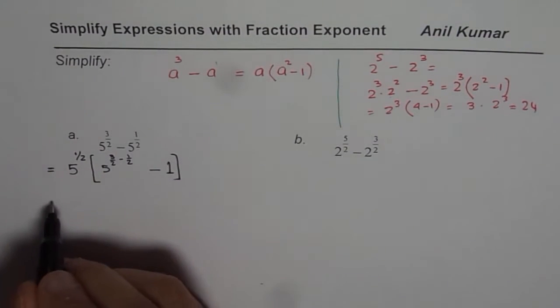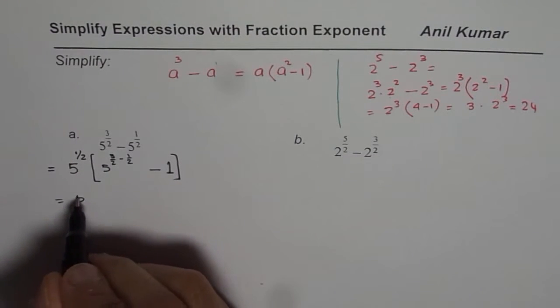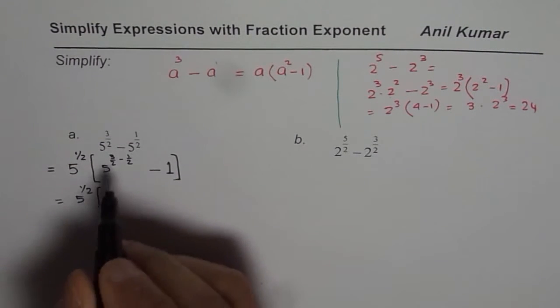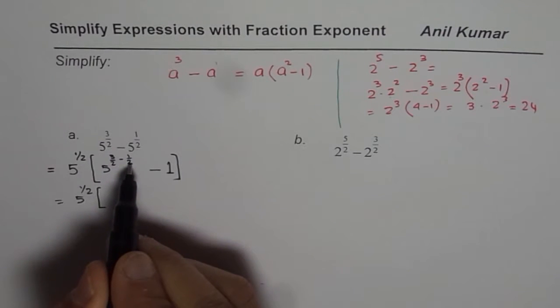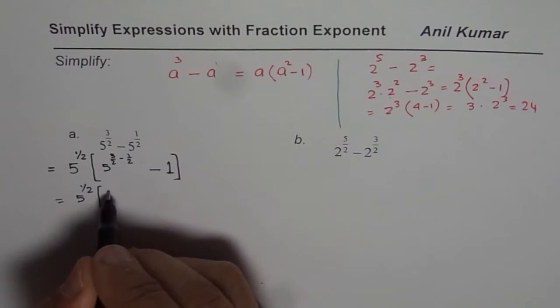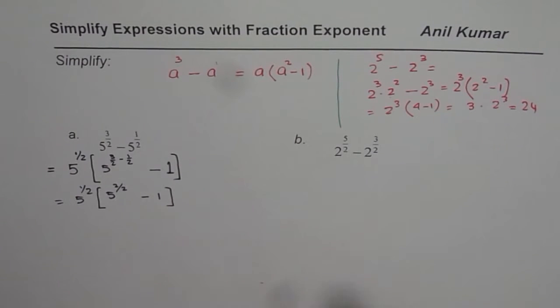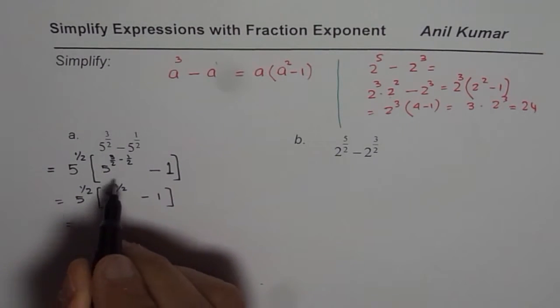Now it is a simple operation of subtraction. For fractions, you get 5 to the power of half, and within this bracket, 3 by 2 minus half is 2 by 2, which is 1. 3 minus 1 is 2. So you get 5 to the power of, let me write, 2 by 2 minus 1. I'm using so many steps so that things are apparent.